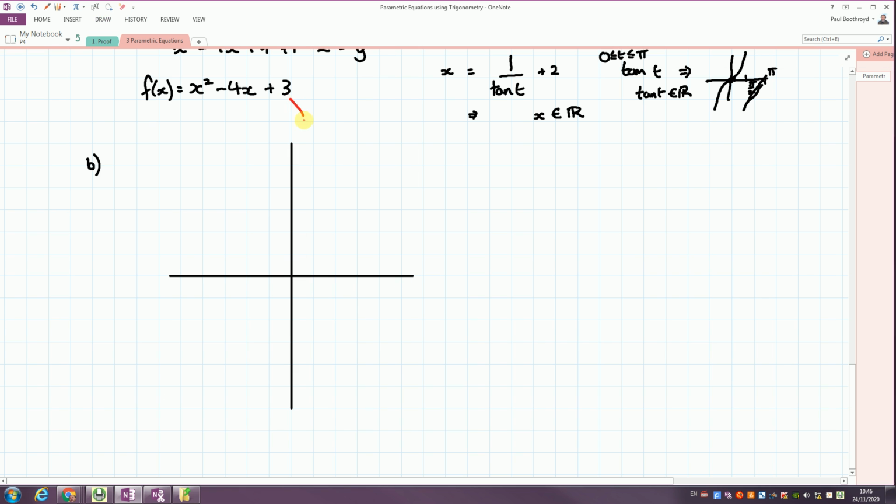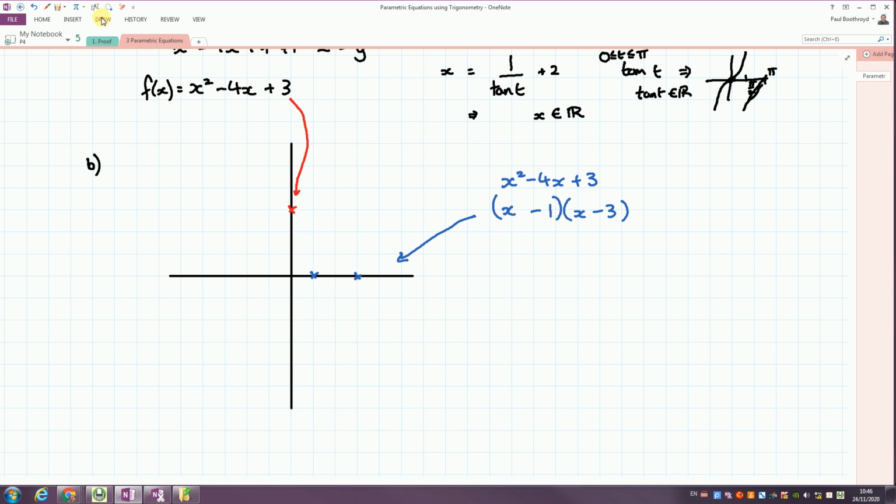So the 3 gives me my y-intercept is 3. If I factorise it, x squared minus 4x plus 3 factorises into (x minus 3)(x minus 1), both of them the same sign, so they're both negative, so we're going to go through 1 and 3.